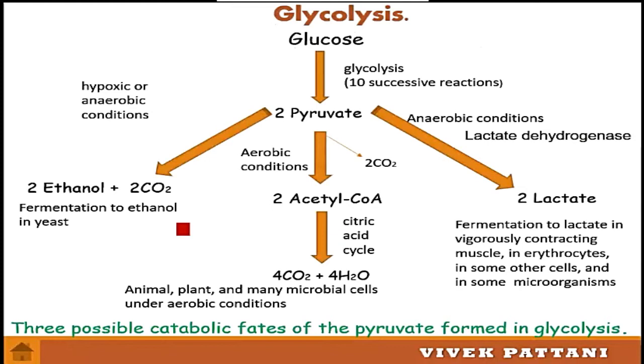It may be due to over exercising, or some genetic problems, or various other functions. There are a variety of reasons that at some part of an organ, anaerobic conditions may be created.